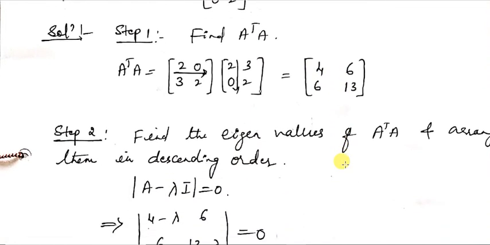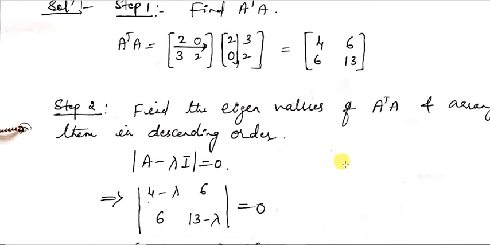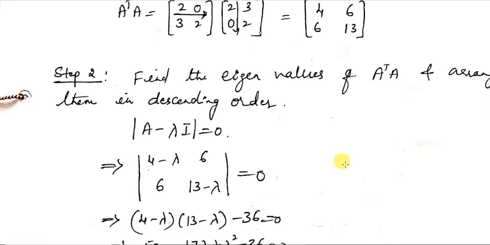In the second step, let us find the eigenvalues of A transpose A, and we shall arrange them in descending order.